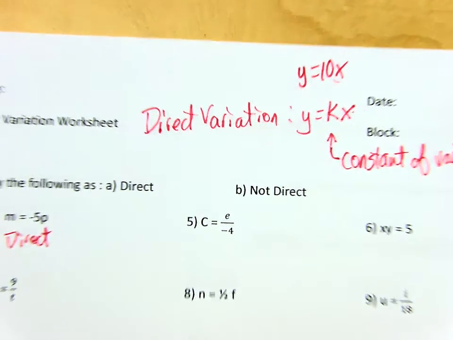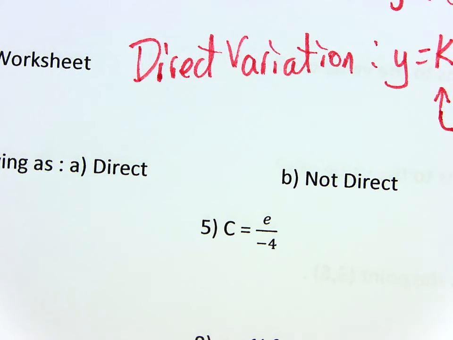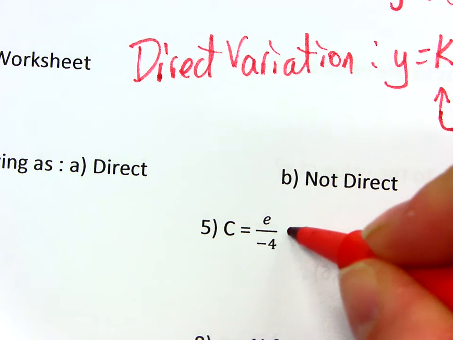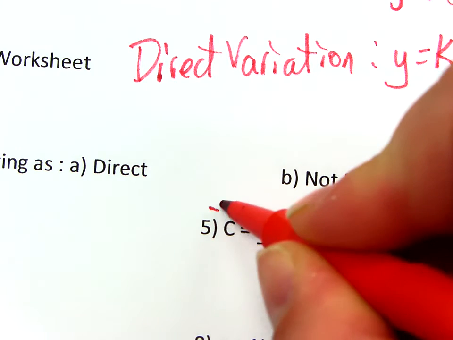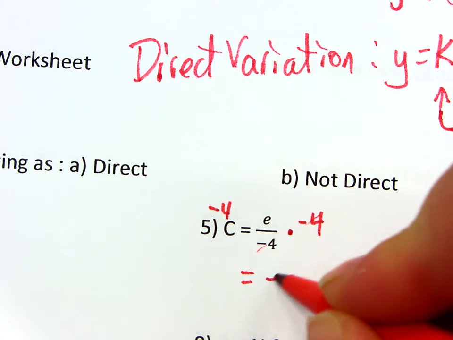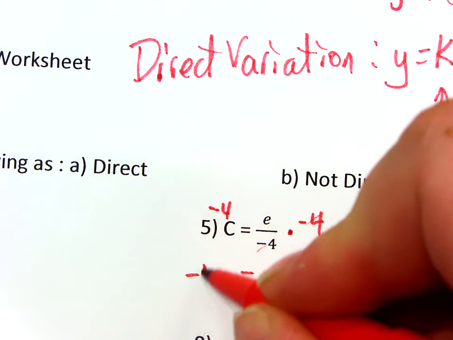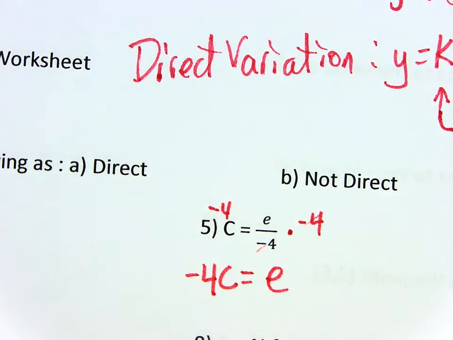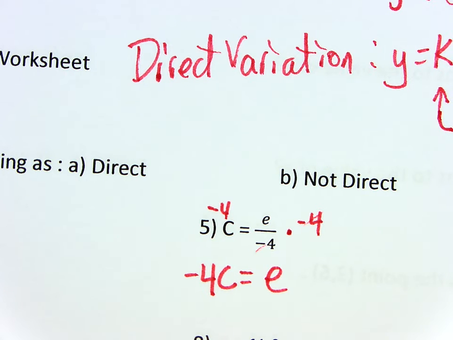What can I do with that -4? How about I multiply both sides by -4? If I multiply both sides by -4, look at where I'm at. Those -4s are gone. So on one side I have E, and on the other side I have -4C.